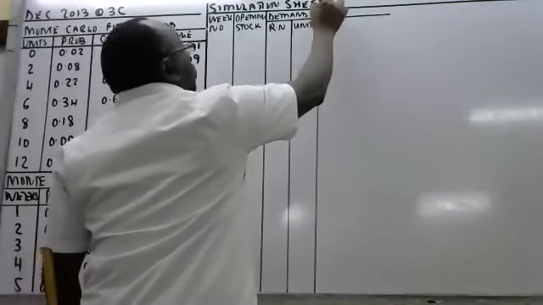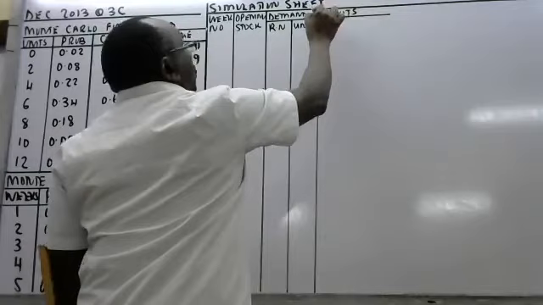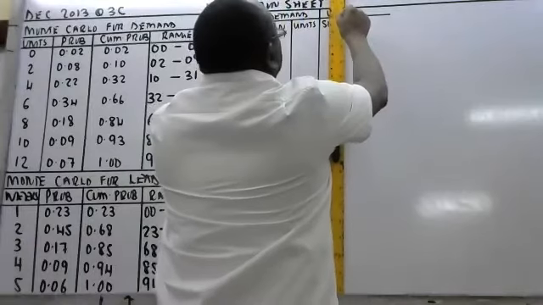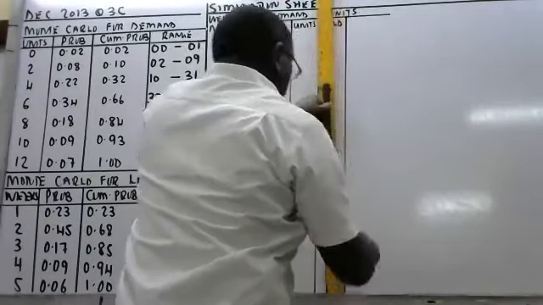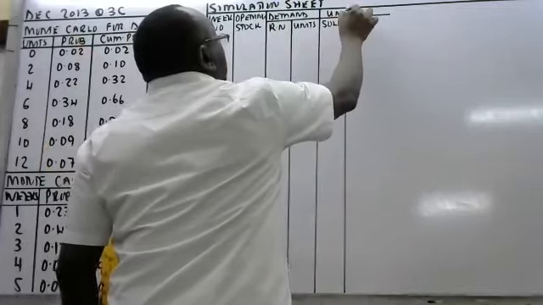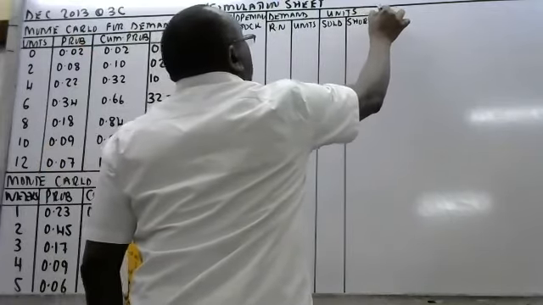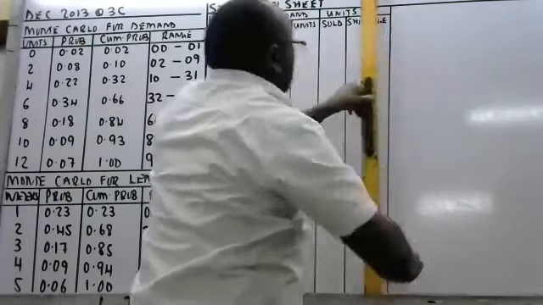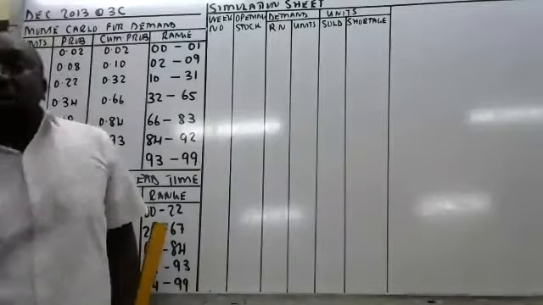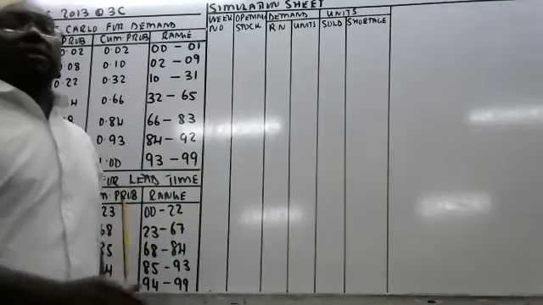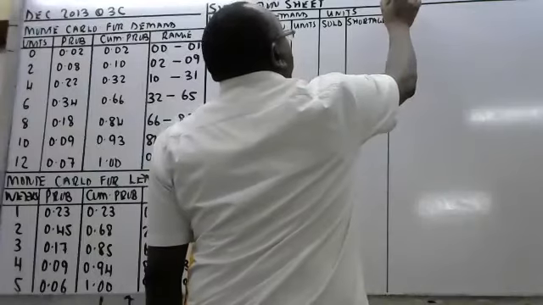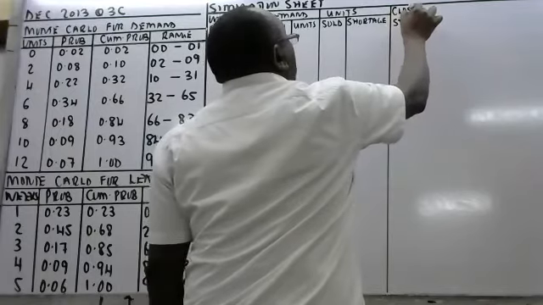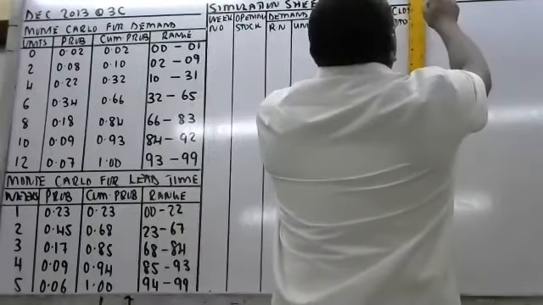Then we have units which are sold, and then the shortage. That will give us closing stock.